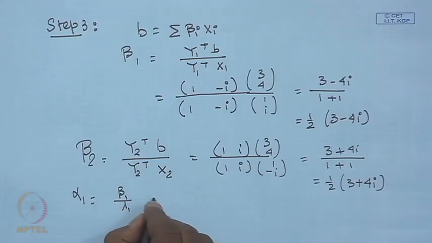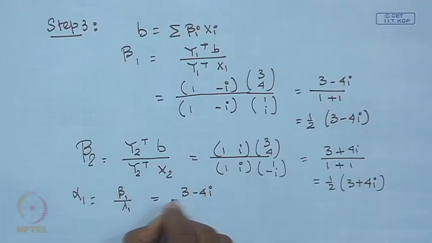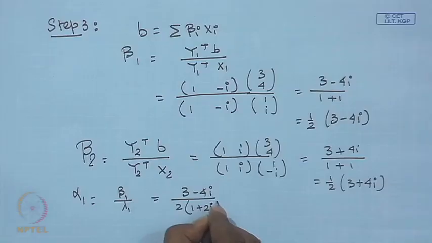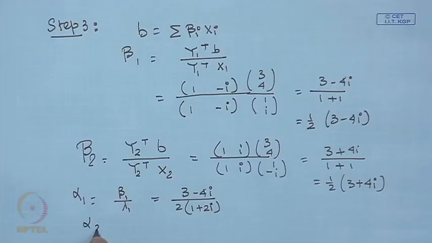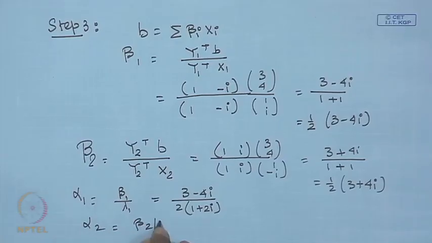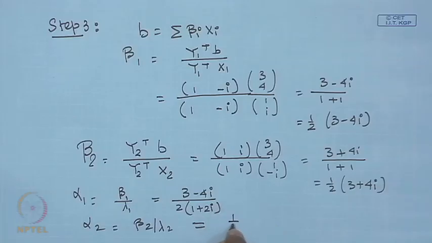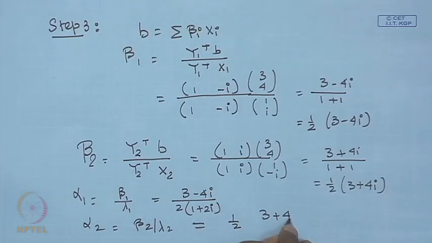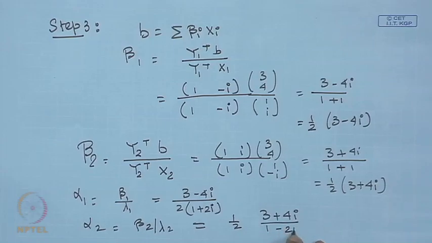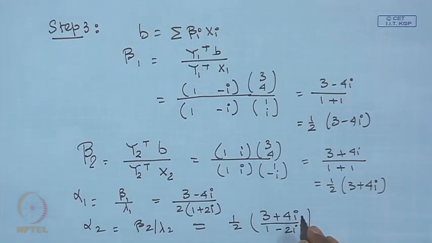So, alpha 1 becomes 3 minus 4 I divided by 2, and lambda 1 becomes 1 plus 2 I. Just put the value of lambda 1 there, and similarly we can get alpha 2 as beta 2 by lambda 2, and this becomes 1 by 2 times 3 plus 4 I divided by 1 minus 2 I.